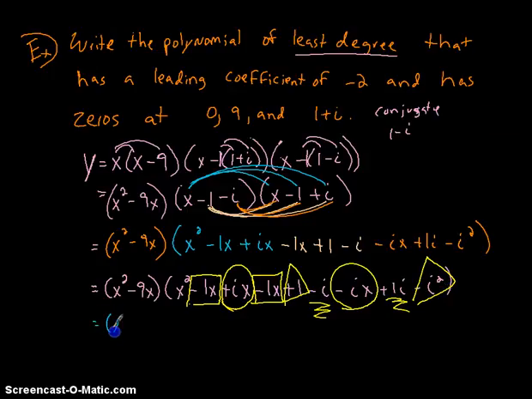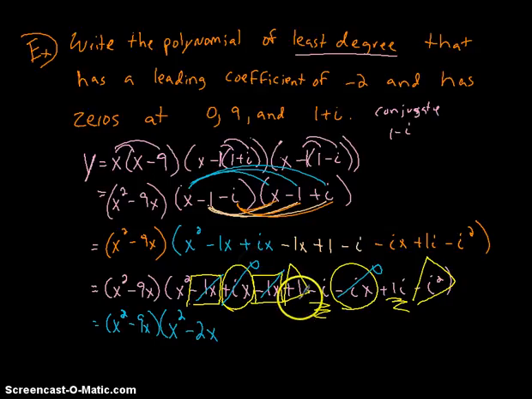The first set is x squared subtract 9x. Here we get x squared, and negative 1x and negative 1x combine to be negative 2x. Positive ix and negative ix come out to be 0.